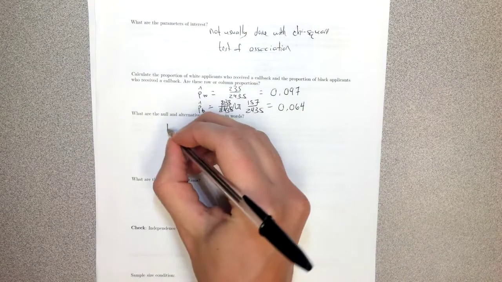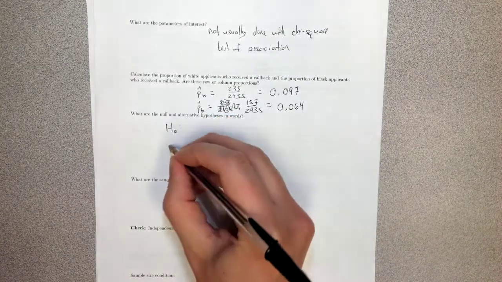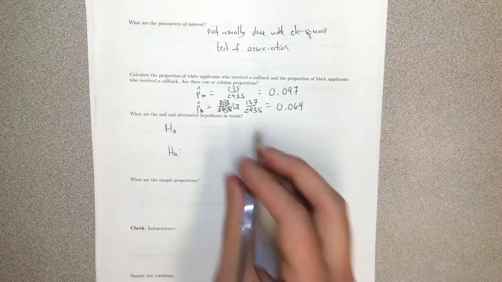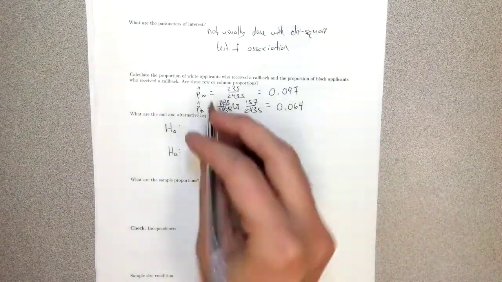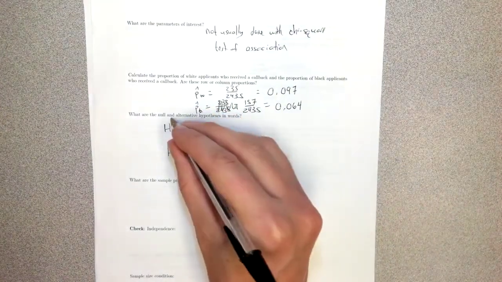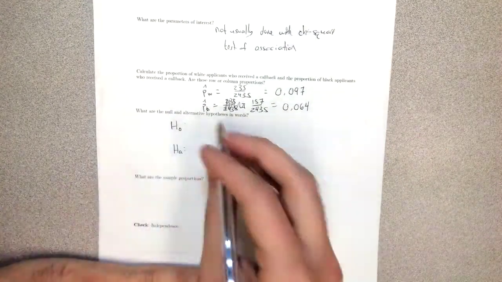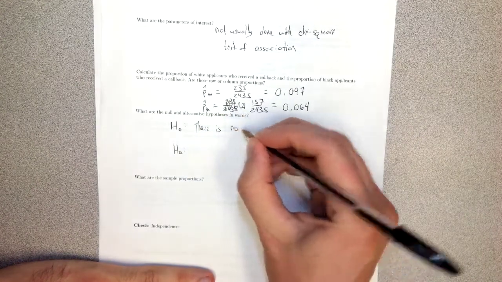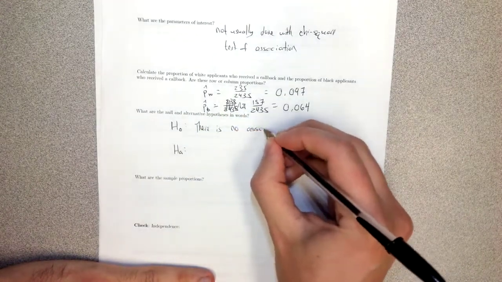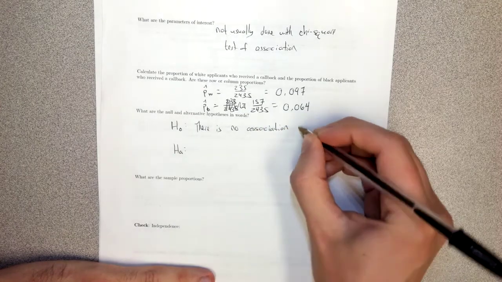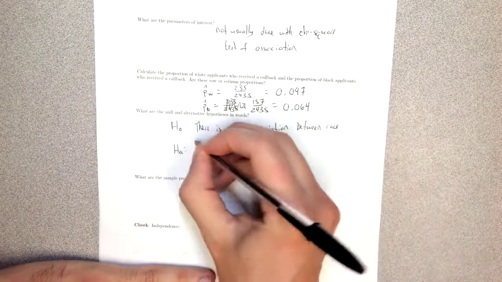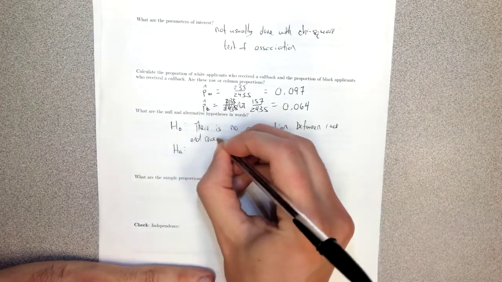To set up our hypotheses, we could write out these null and alternative hypotheses in words. With this chi-square test of association, it's usually easier to use words instead of symbols. Our null hypothesis is that there's no association between race and receiving a callback.